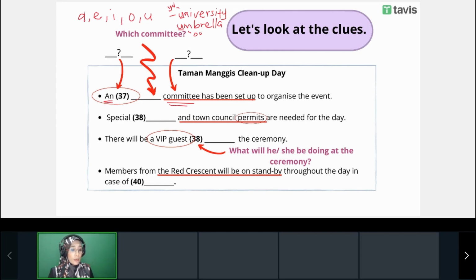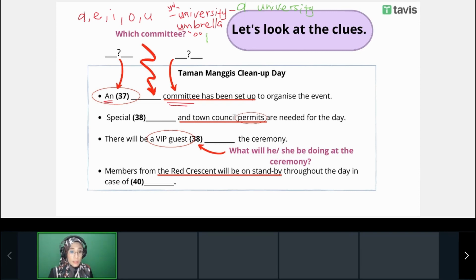So although this one begins with a U, this is not meant for the article "an". We have to use the article "a" university. So a university.